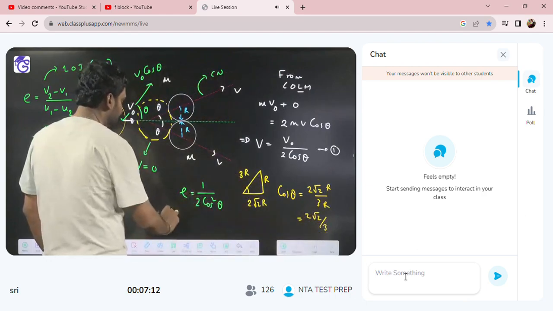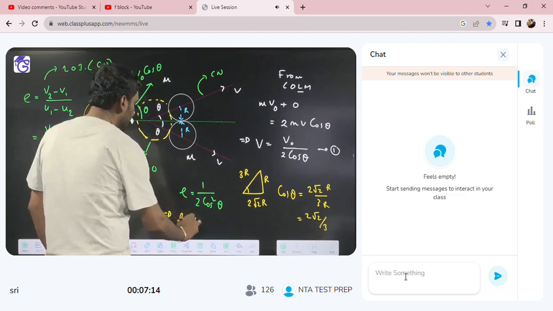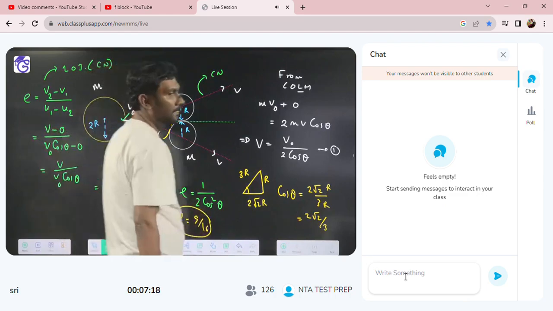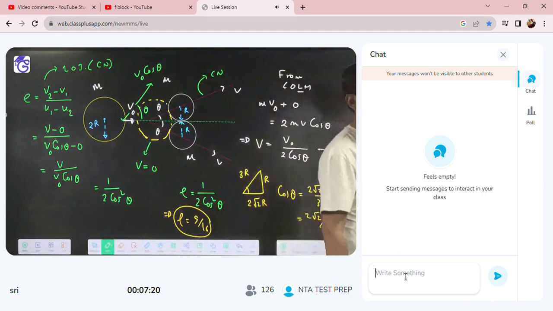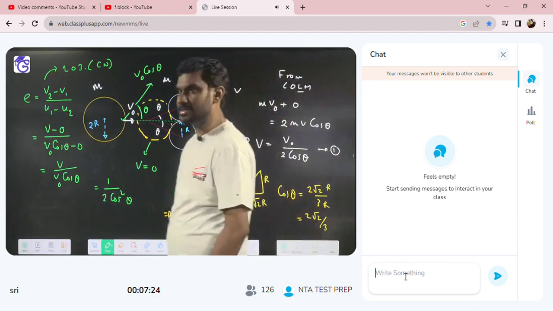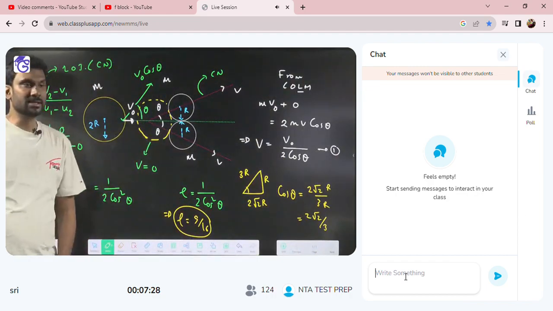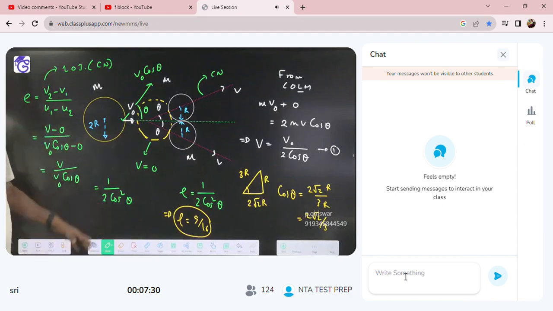If you substitute in this equation, e is equal to 9 by 16. It is a hell of a question. You cannot expect this in the exam, but these questions have to be solved to get the concept extremely clear. Note it down.